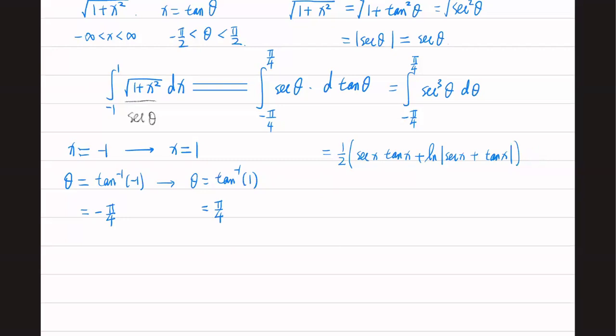We evaluate this at the two endpoints. It has been a while since we last used this notation. Can you recall what this means? So this is a function, a long bar with lower and upper limit. What does this mean?